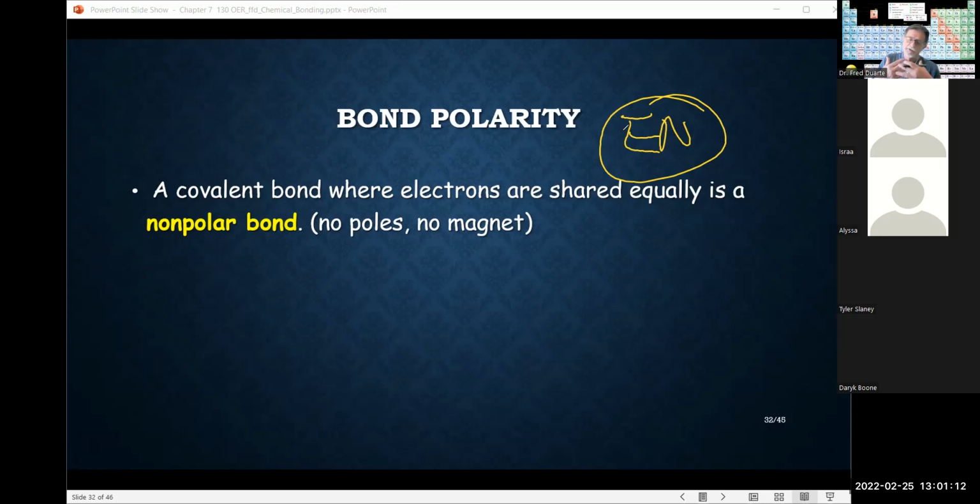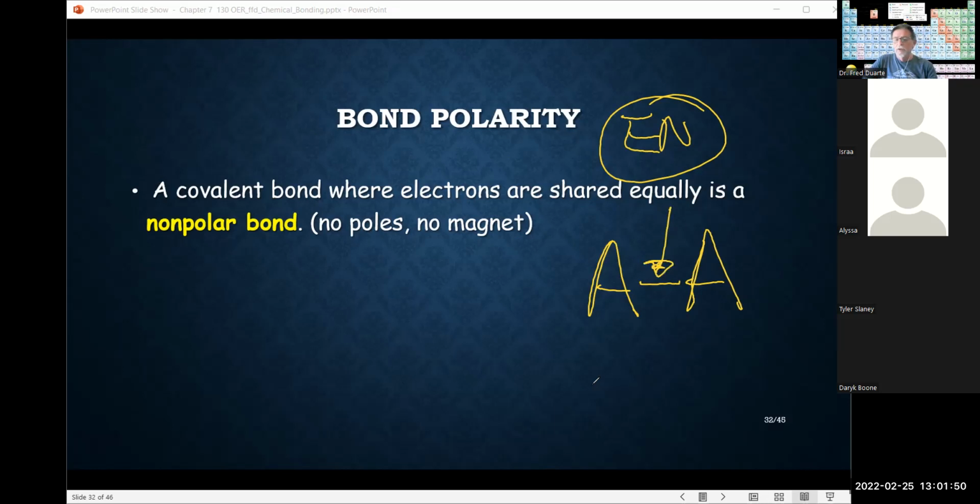If the affinity of, let's say, two atoms is the same, they have the same electronegativity, guess what? That bond is equal. The best way I can state that is, let's take the general letter A that represents a nonmetal, and the same nonmetal is bonded with it. So the electronegativity of A and A is the same, and the bond being shared between the two is an equal sharing. There's an equal pull.